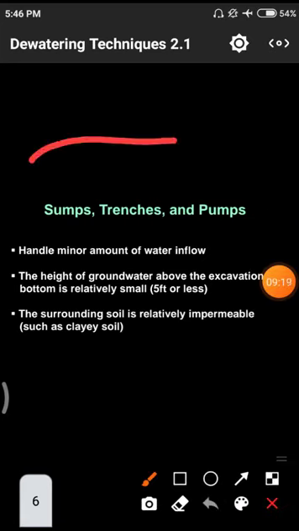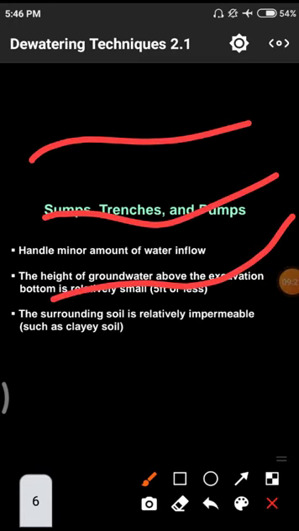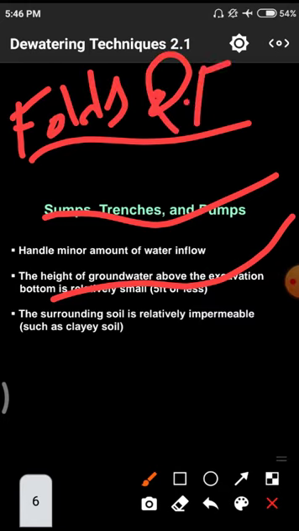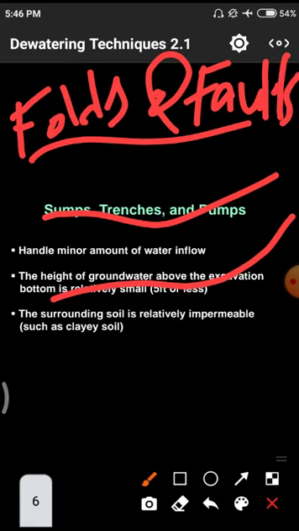The layers have some folds and faults, terms you have observed in engineering geology. These folds and faults are parts of the earth layers. Due to them, there are gaps between the layers below the earth.